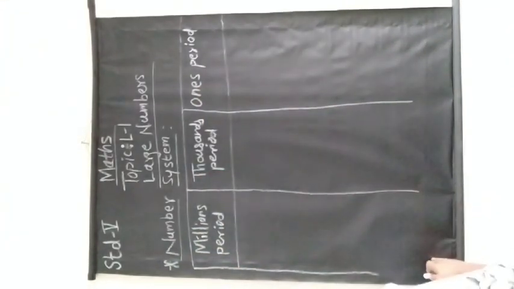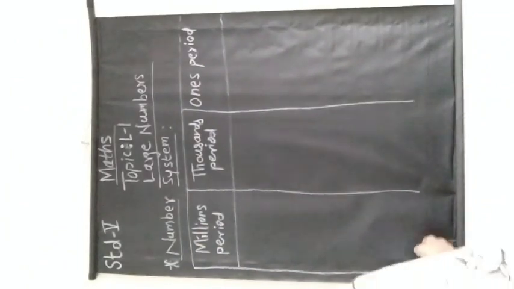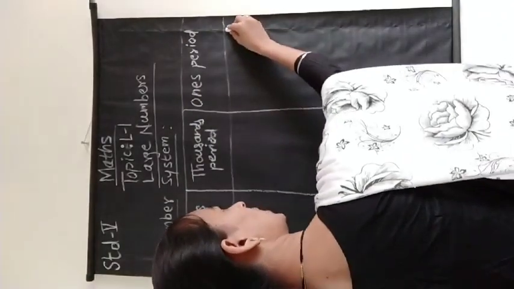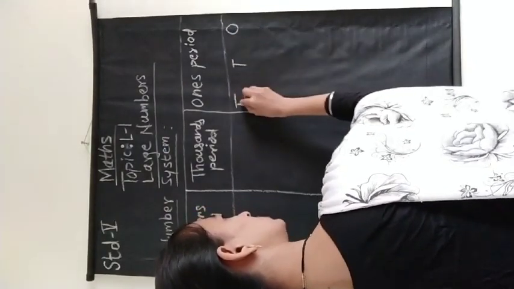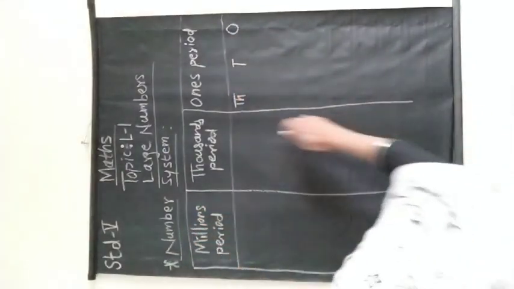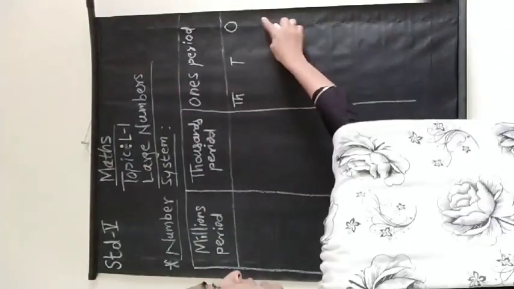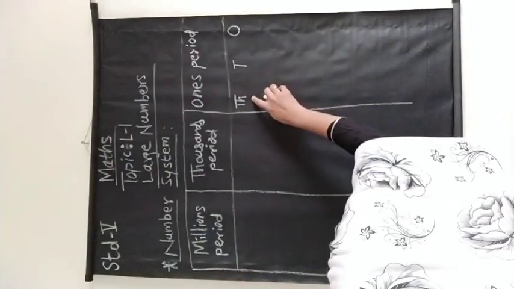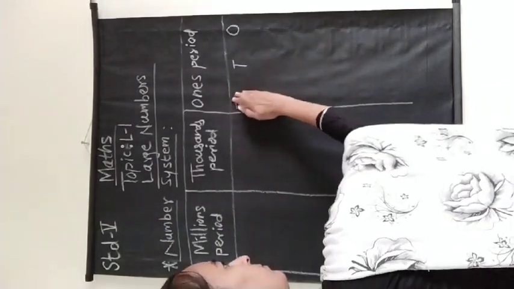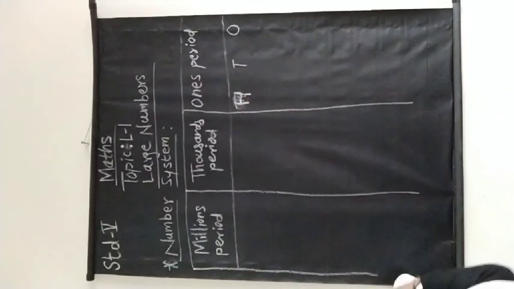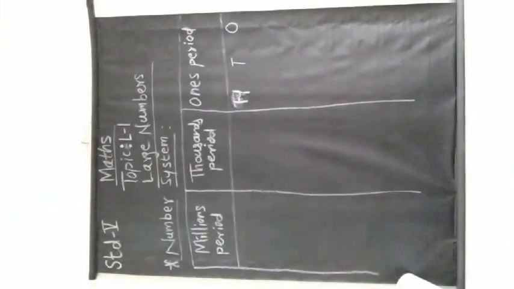Now in the ones period, which numbers are there? Here ones are there, then tens place, then hundreds. In the ones period there are 3 places: ones, tens and hundreds. Sorry, not thousands, here will be 100, because after tens 100 comes.